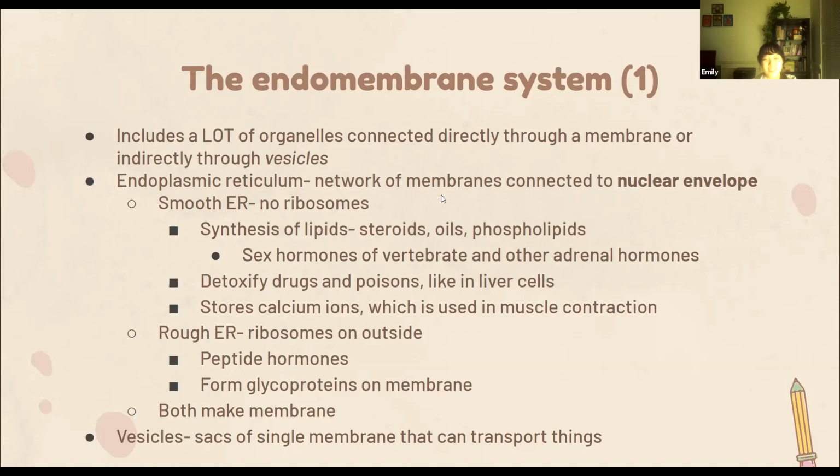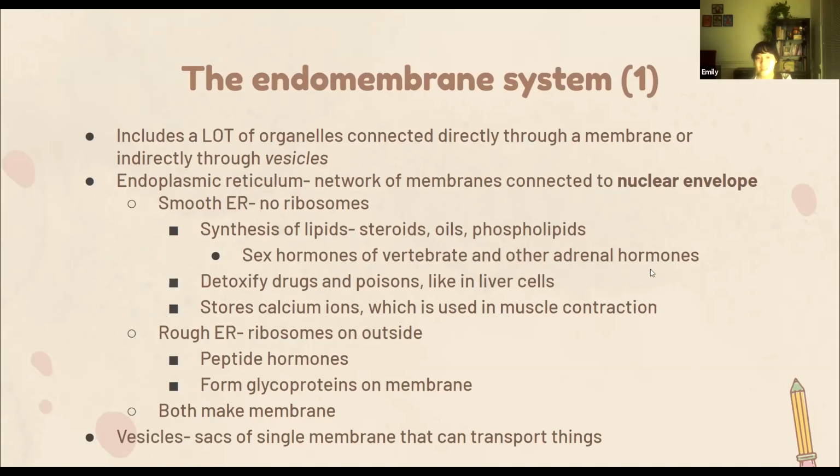It also stores calcium ions. Muscles use calcium ions, which are Ca2+, to help move. Every time we raise our arm, the muscle cells get signaled to release this calcium. So usually you'll find a lot of smooth ER in muscle cells as well.